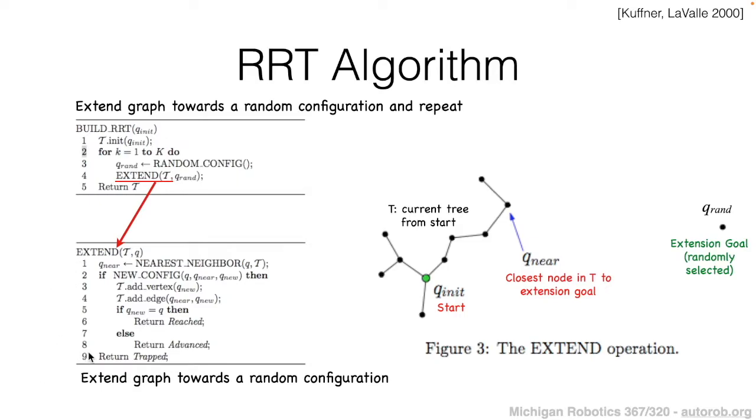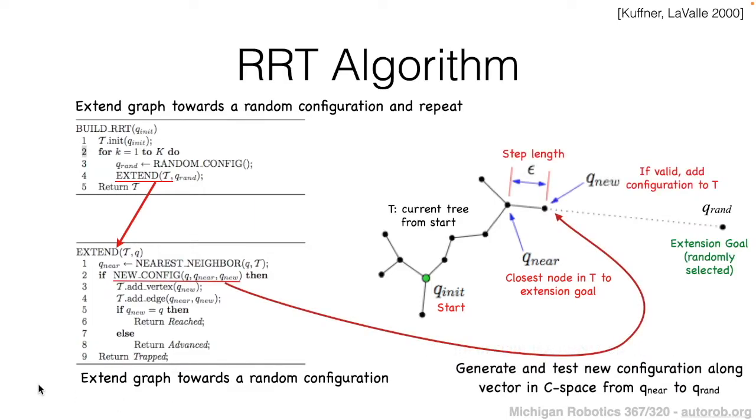In pseudocode, what the extend operation is going to do is shown in this second algorithm here. Essentially, we're going to find the point within the tree that is nearest to this random configuration. And then we're going to decide whether or not to create a new configuration based on an epsilon length step in configuration space from q_near towards the q_rand.